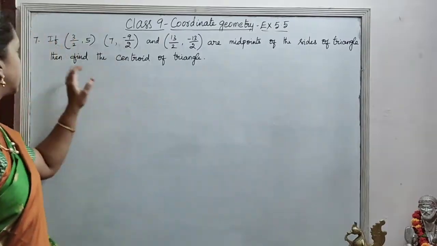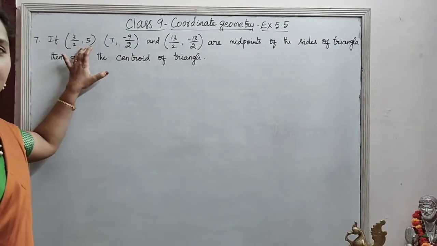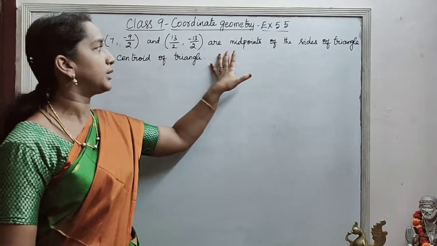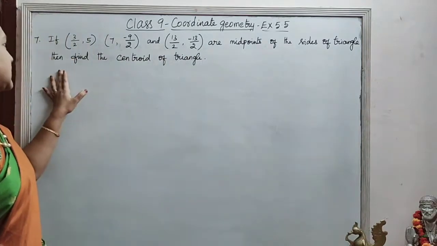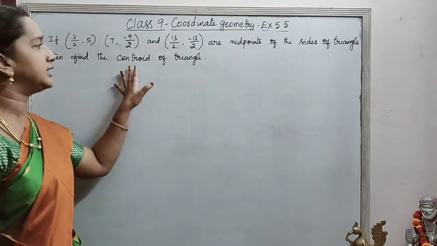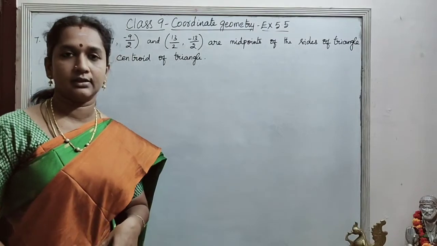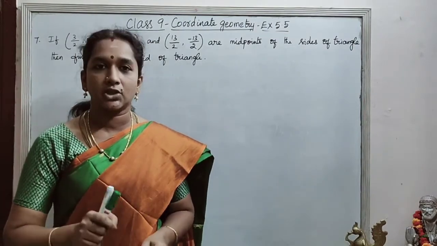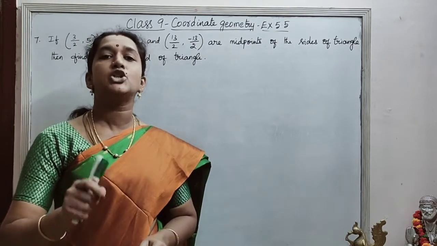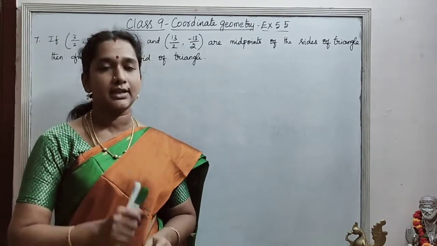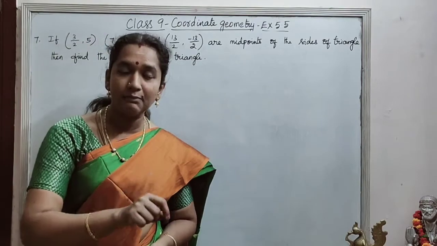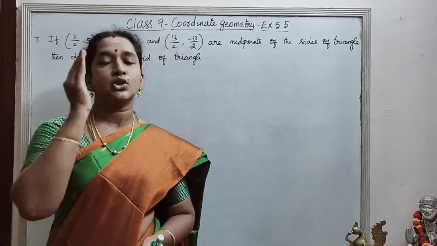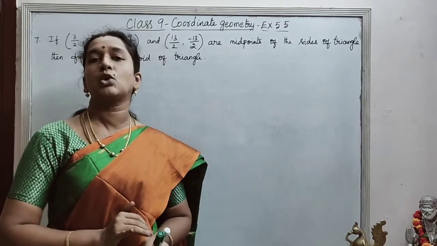Now the 7th sum. If 3 by 2 comma 5, 7 comma minus 9 by 2, and 13 by 2 comma minus 13 by 2 are the midpoints of the sides of the triangle, then find the centroid of the triangle. There is a condition: the centroid of the triangle obtained by joining the midpoints of the sides is the same as the centroid of the original triangle.